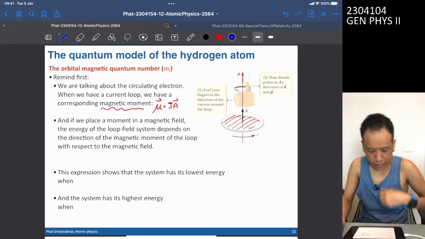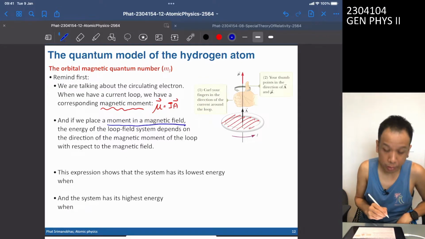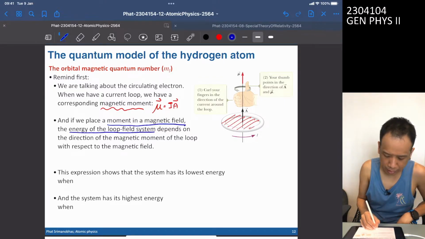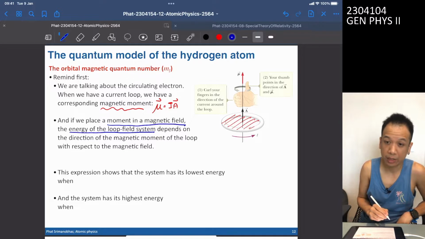If we place this moment in a magnetic field, it will create the energy of the loop system, which depends on the direction of the magnetic moment of the loop with respect to the magnetic field.